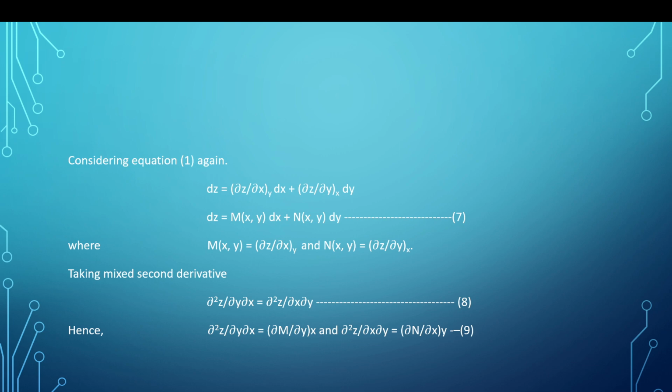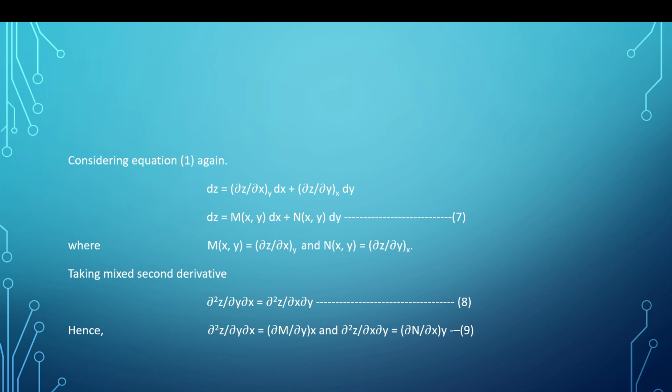Considering equation 1 again, you can have (∂z/∂x) at constant y as M(x,y), and (∂z/∂y) at constant x as N(x,y). It means we can write the same expression in a different manner.